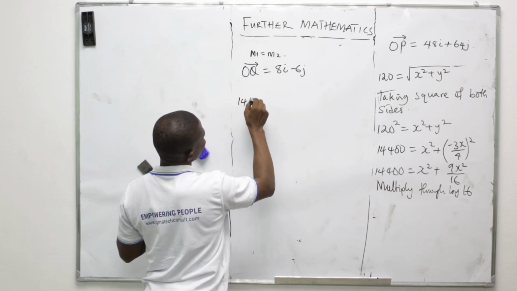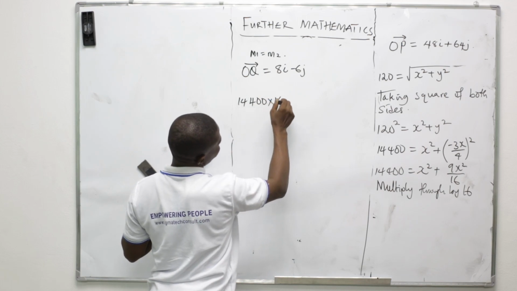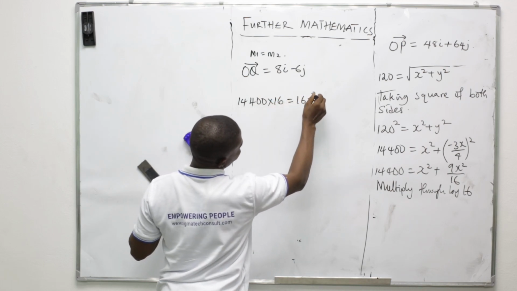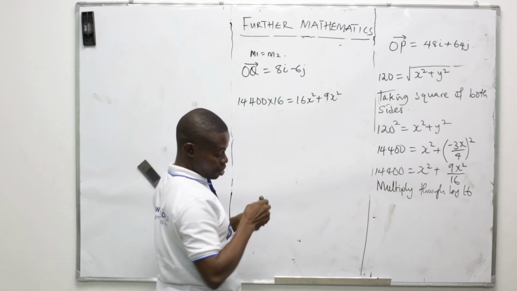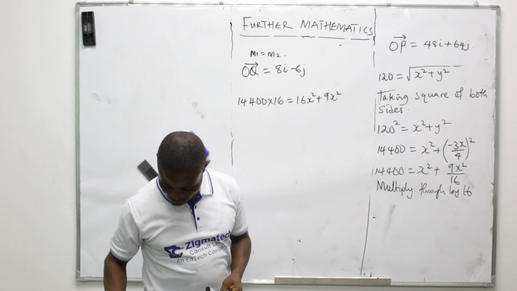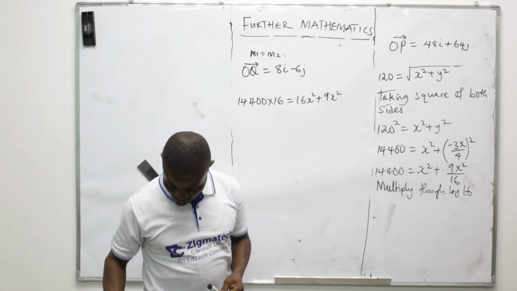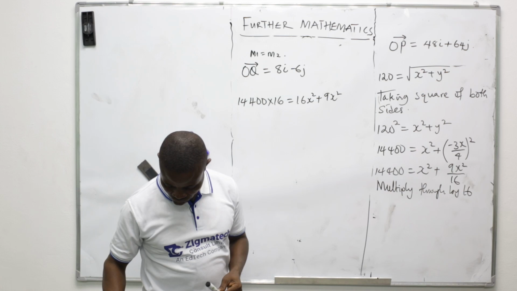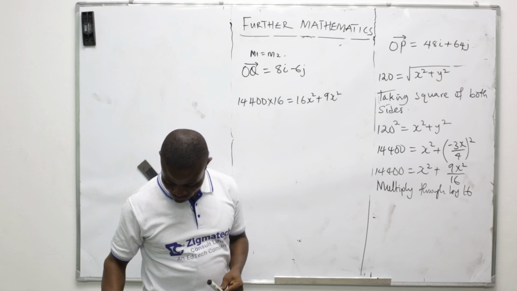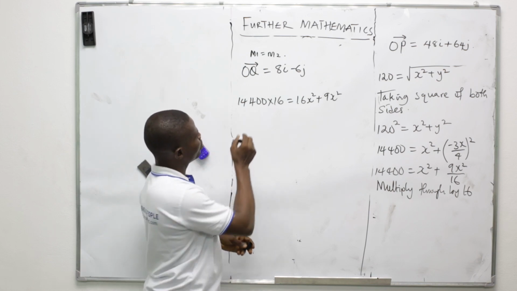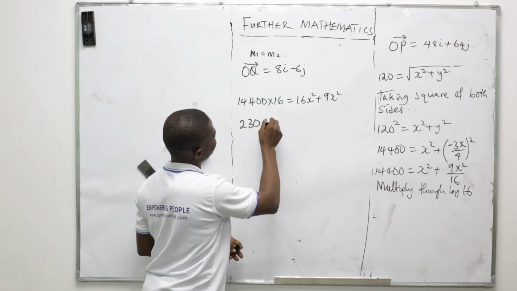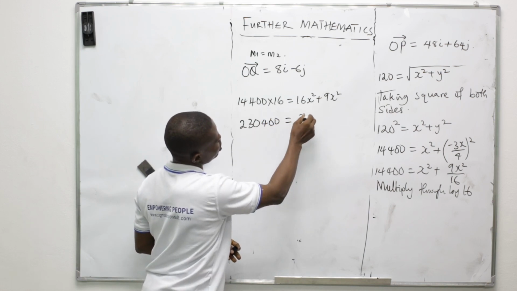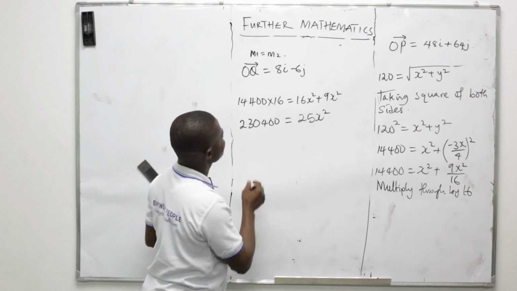It means that 120 squared times 16 equals 16x squared plus 9x squared. Okay, so 14,400 times 16 gives 230,400 equals 25x squared.